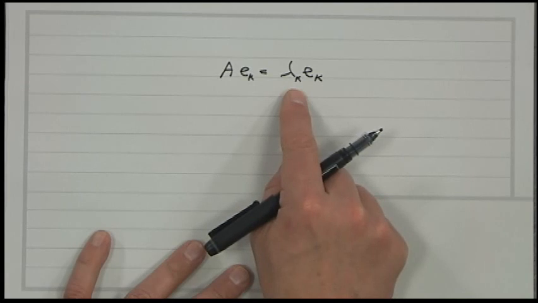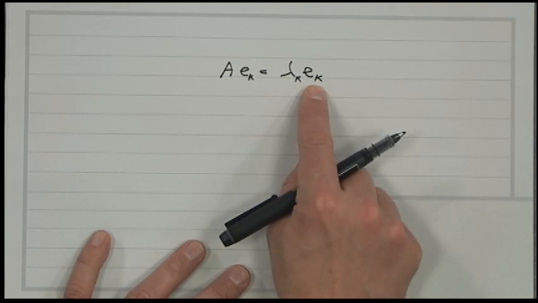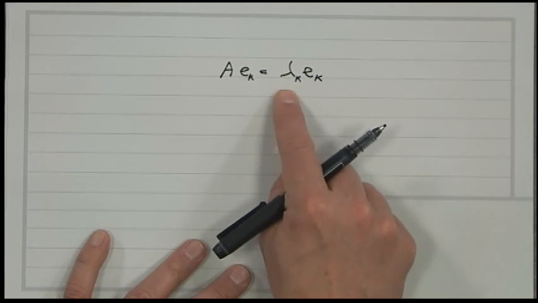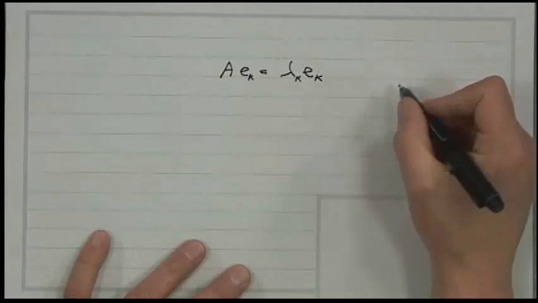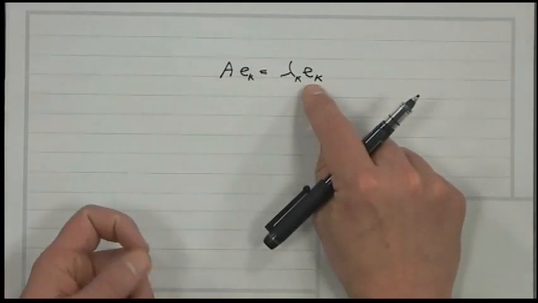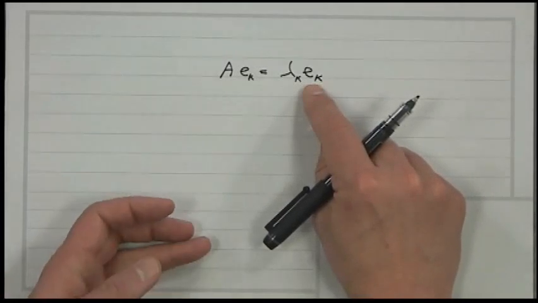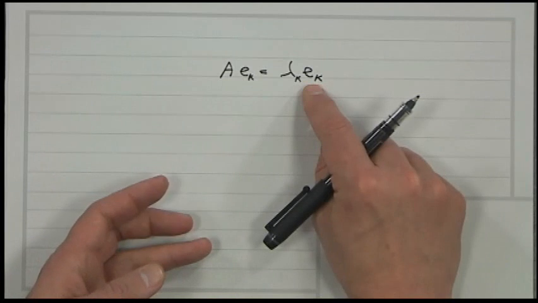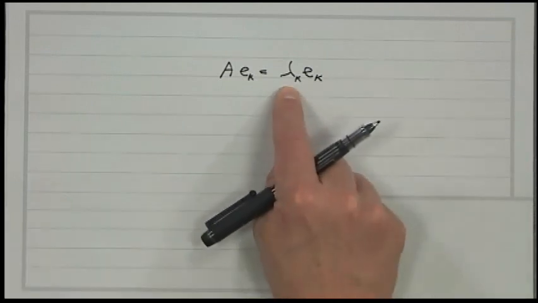And it is possible to diagonalize a matrix, but if A is not symmetric, then first of all, the E's will be complex, the lambdas will be complex, and the E's won't be orthogonal; they can always be normalized, but they won't be orthogonal. And in general, the lambdas may not be unique.